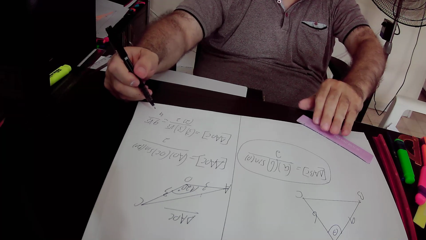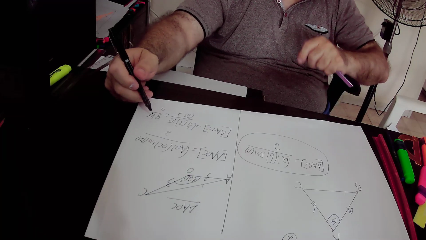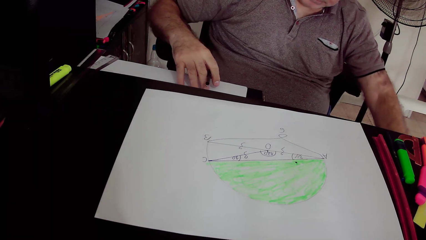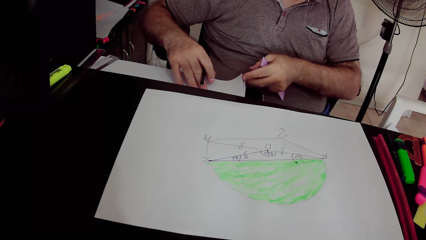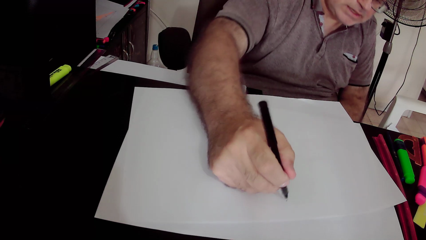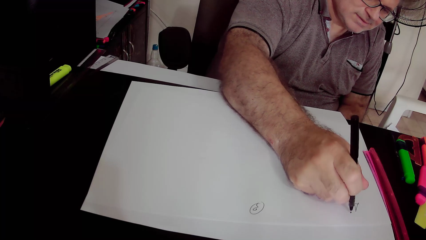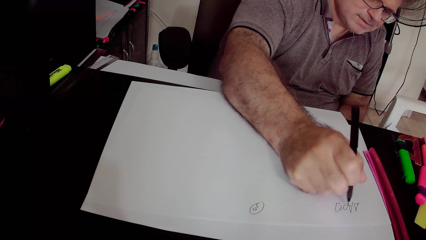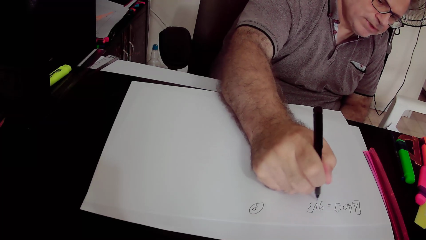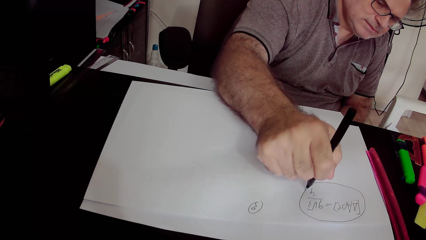So in conclusion, we found out that the area of triangle AOC is equal to 9 times square root of 3 over 4 square units.